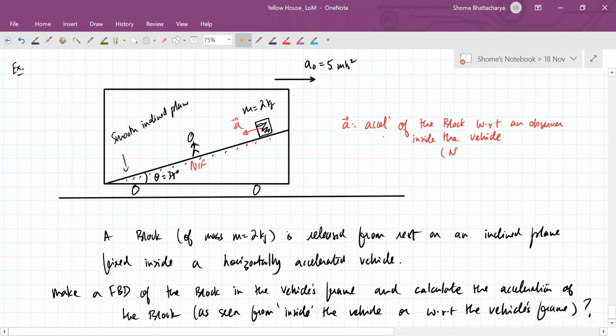So that becomes the non-inertial frame fixed to the vehicle. So this is an acceleration down the inclined plane.